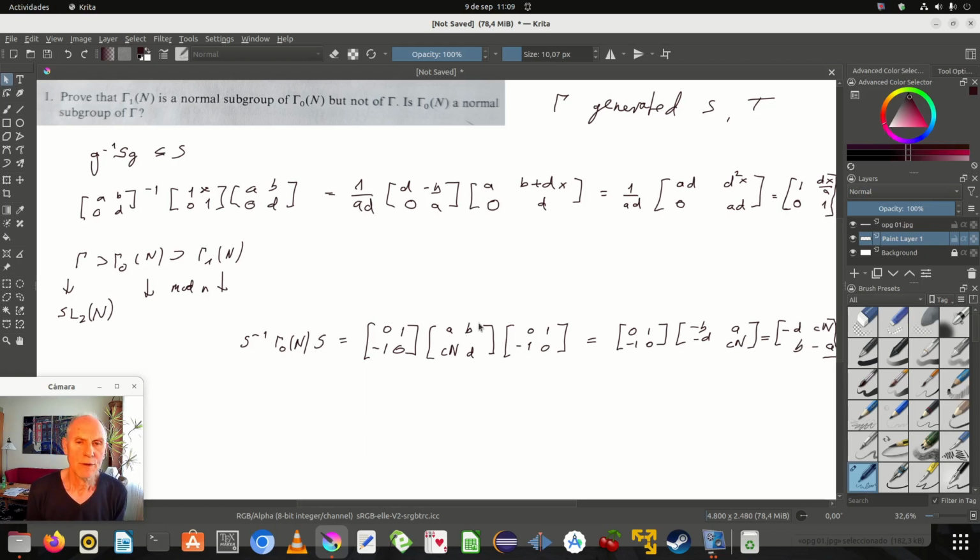So does there exist a matrix in gamma naught where this is not a multiple of n? Then it's not normal, and that's obvious because this is equivalent to 1 modulo n. So this is still equivalent to 1 modulo n. So that actually only shows there's 1 modulo n.